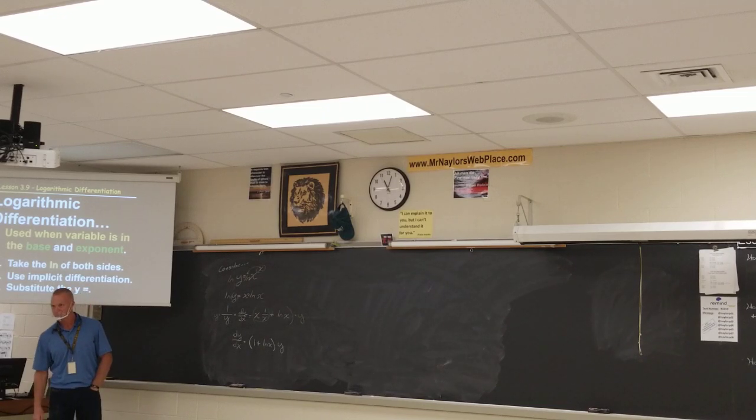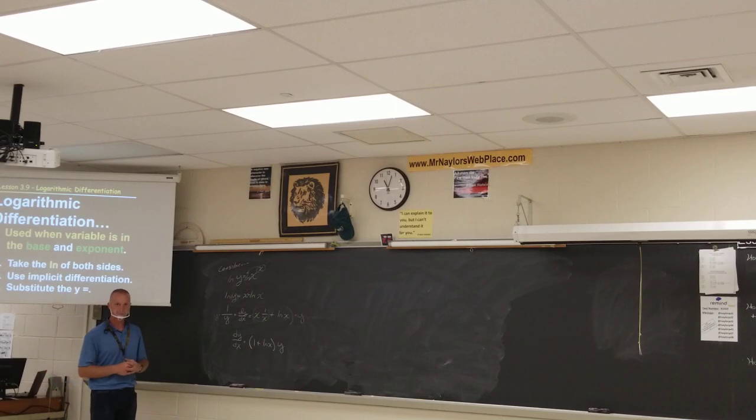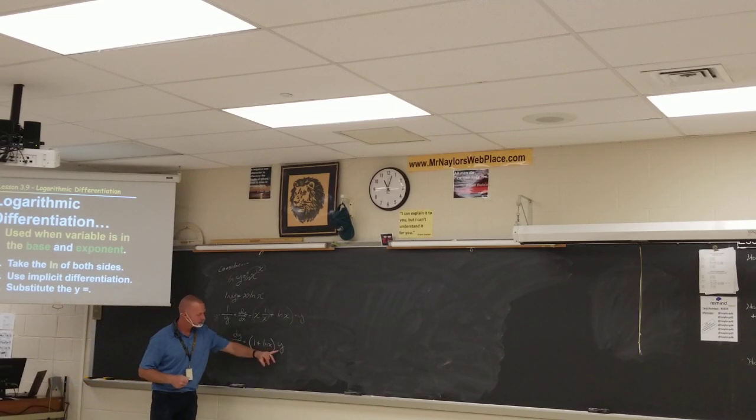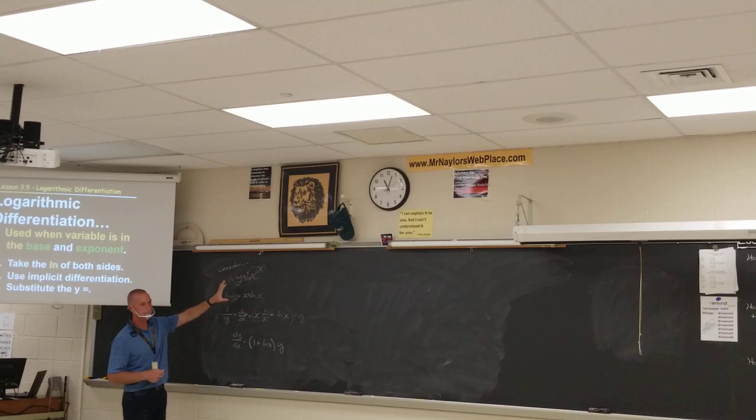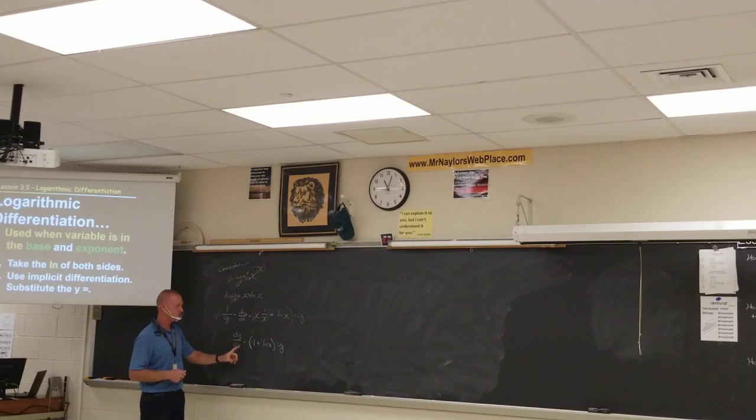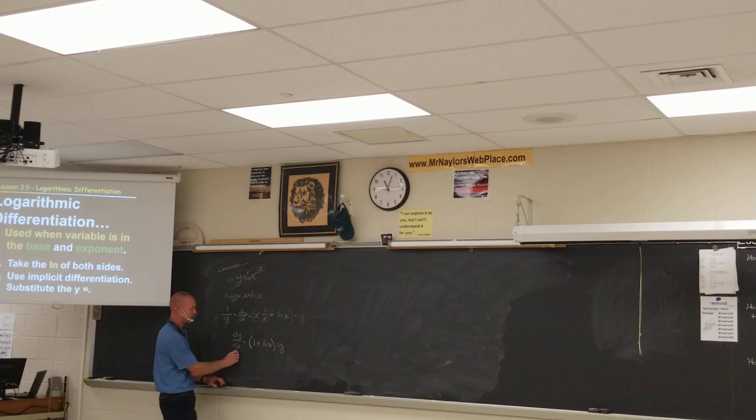Now, you've heard me say this before. This is also part of maturing through math. This y is a little out of place, because my original problem was completely in terms of x, which means my derivative should be completely in terms of x. It's a really simple substitution, though.